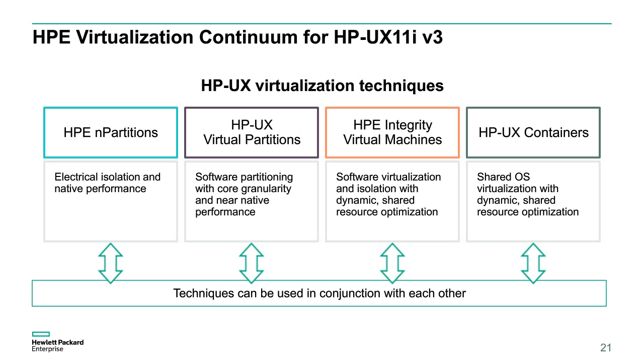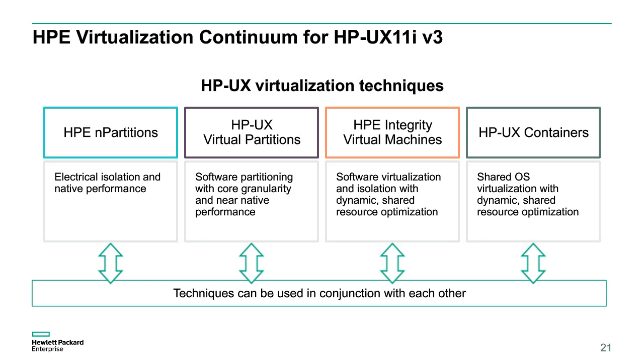So we have very good performance and obviously isolation of the CPU and memory. Integrity Virtual Machines, on the other hand, allows you to share just about everything. You've got very good sharing of the CPU and memory resources. So it's a very good sharing platform, but doesn't quite have the same performance or the level of isolation as Integrity vPARs.